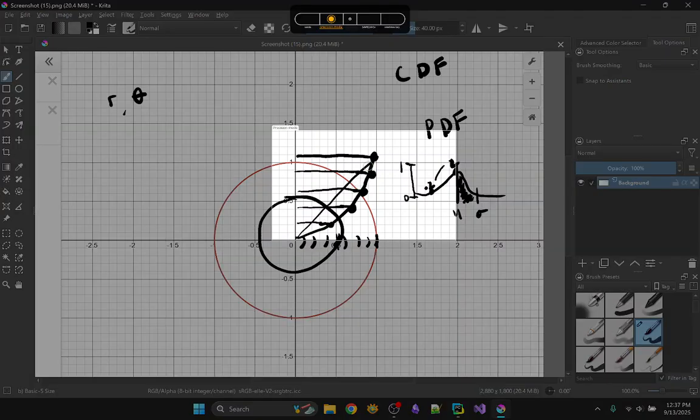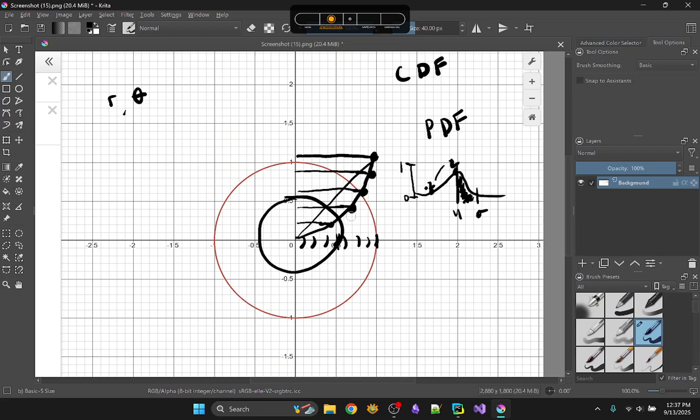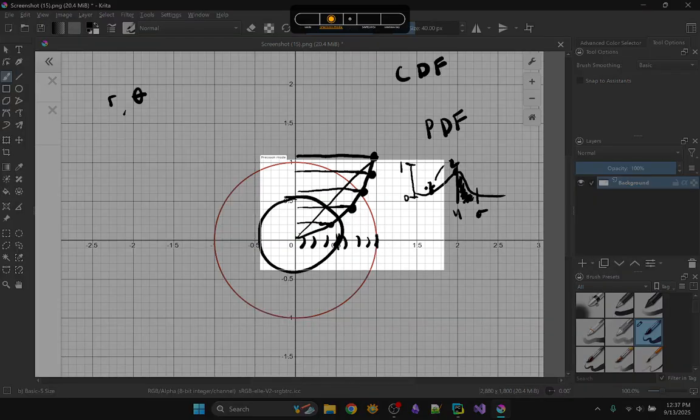And you'll notice that there are more high values than there are low values. That makes sense because in this histogram, in this distribution that we want to generate, we want more high values than low values.